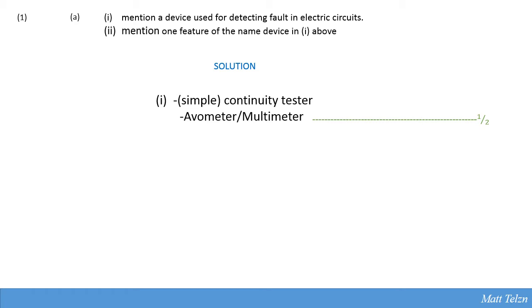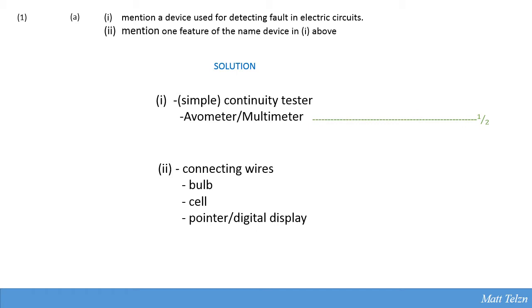Mention one feature of the named device in Roman numeral 1. Now look at it. We have 4 features of it: connecting wires, we have the bulb, we have the cell, we have the pointer, that is for the analog multimeter, and we have digital display for the digital multimeter.